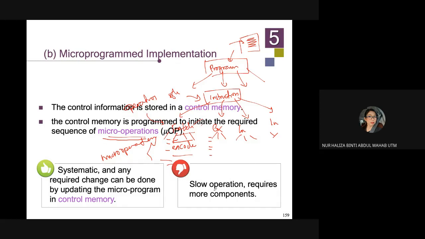This one you can see is a slow operation and requires more components for your microprogram. You can blink your eyes and you get the result, but it is slow compared to hardwired.